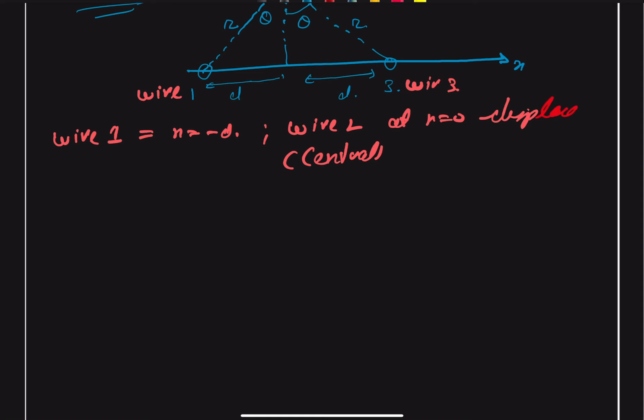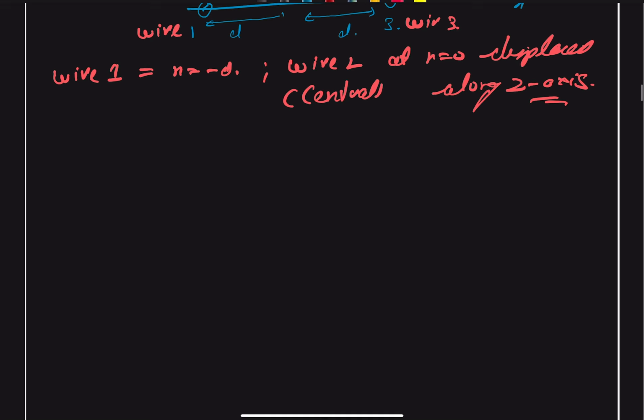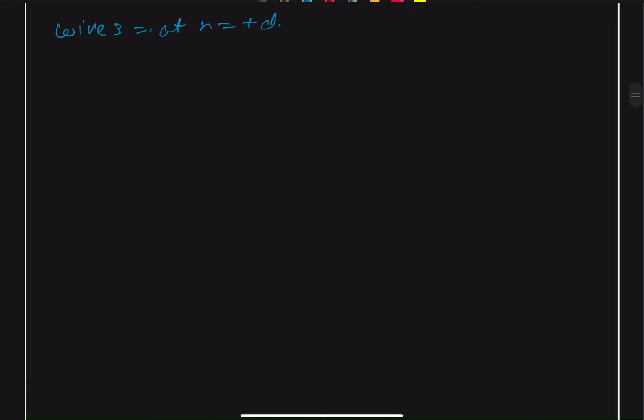And we have our wire 3, which is at x equal to plus d, and the currents they are carrying are in the same direction.